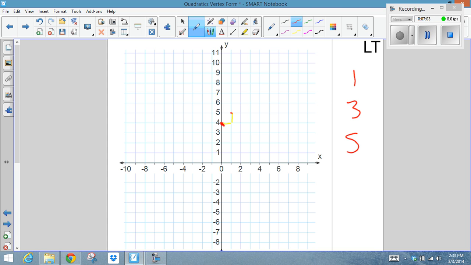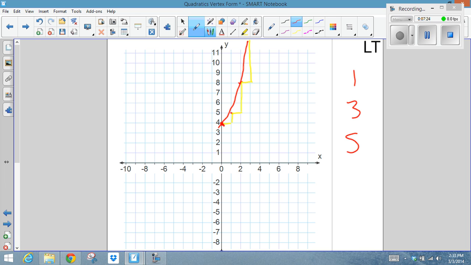Put a point. Then I'm going to go over 1 more and up 3. 1, 2, 3, and put a point. And then I'm going to go over 1 and up 5. 1, 2, 3, 4, 5. And that one's a little bit off the graph, but that's all right. As long as you have 3 of them that are on the graph, you're pretty safe. And there's one side of my parabola.